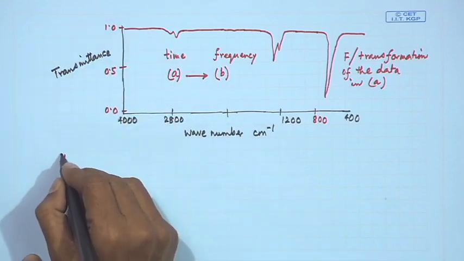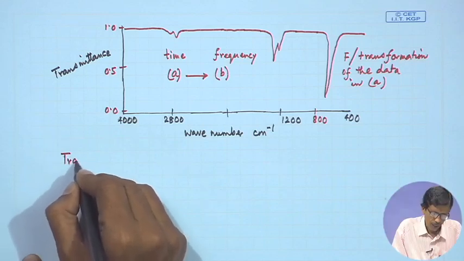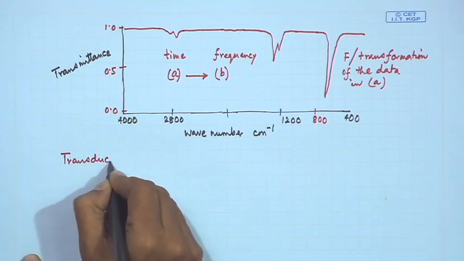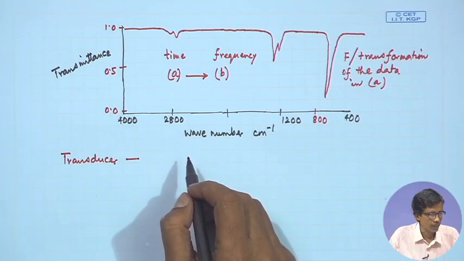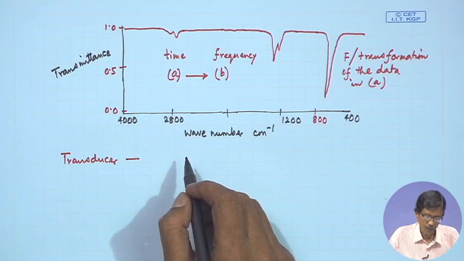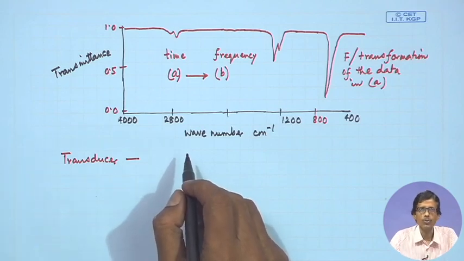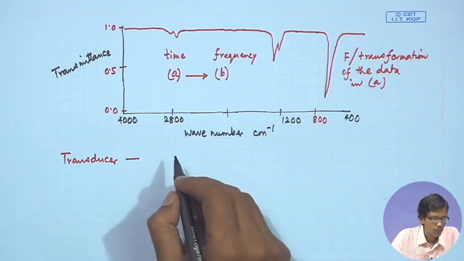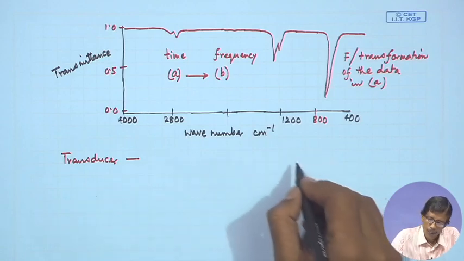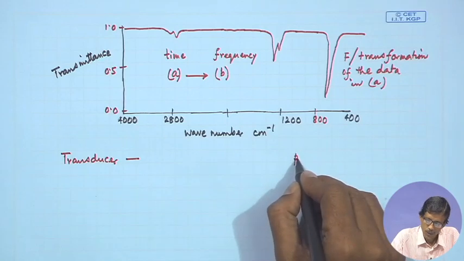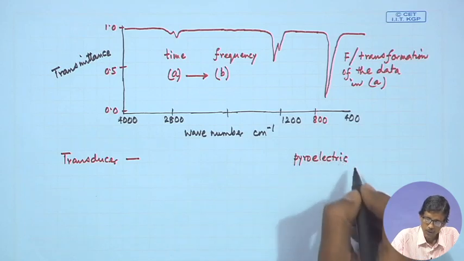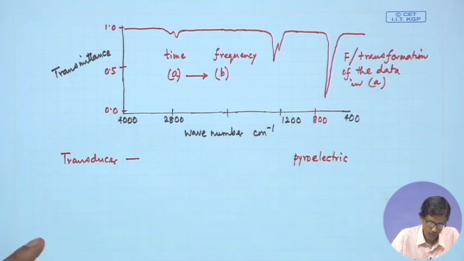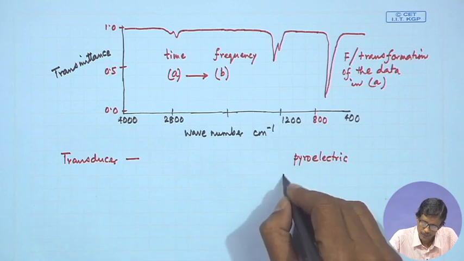Then another most important or basic component is your transducer, the signal transducing capability. The very basic or most commonly used transducers for this sort of instrument are, one, the pyroelectric transducer, and the other one is photoconductive.